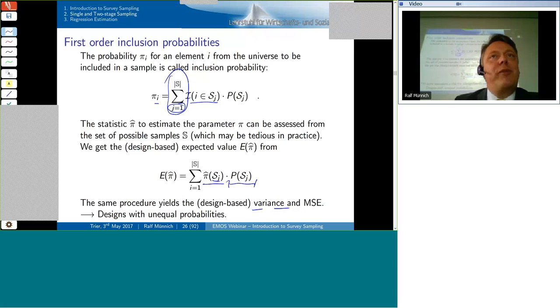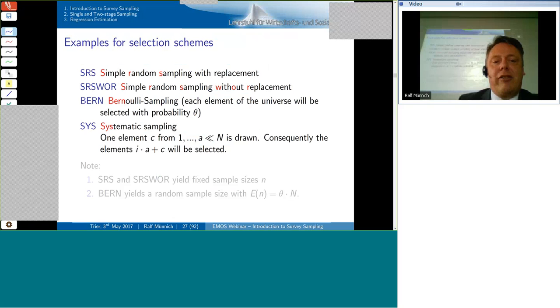It's independent from the design. As you saw before, we were defining 3 easy designs. We knew that one design doesn't make sense because it automatically yields biased estimates, but we can generalize that. And now, if we look at these, we make some examples, like simple random sampling without replacement.